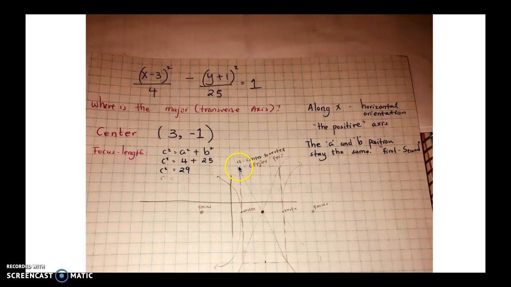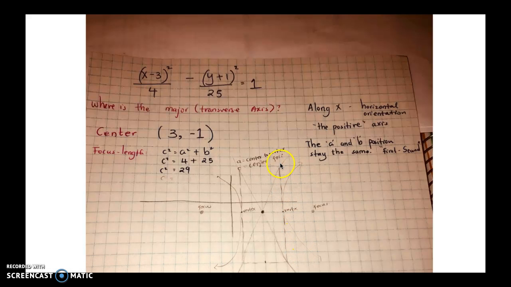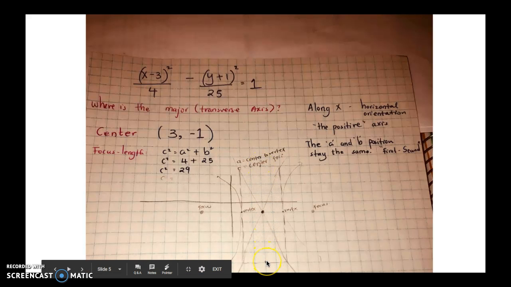So at this point, I can draw my rectangle, whereby this distance right here, which will be the length, will be basically from vertex to vertex, and if that's the length, this has to be my width. And the width will be basically from the co-vertex to the other co-vertex. So I connect my rectangle, and then I know my center. That allows me to draw my asymptotes.